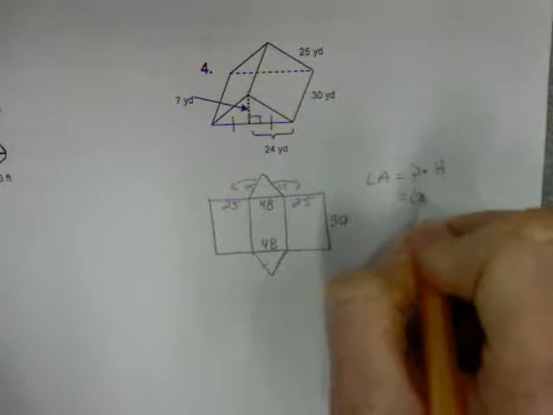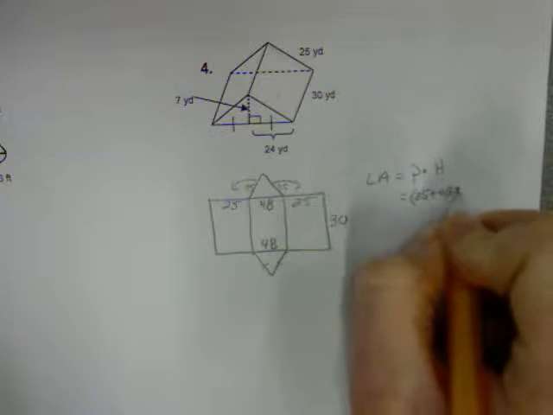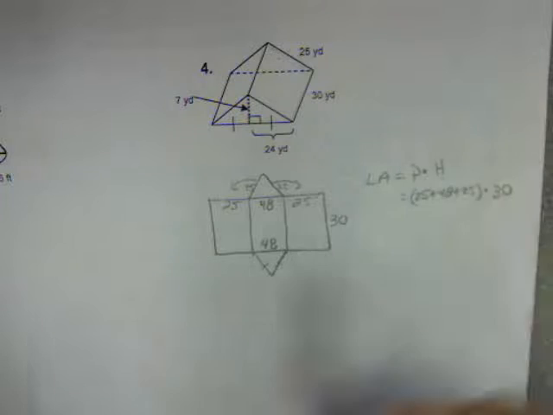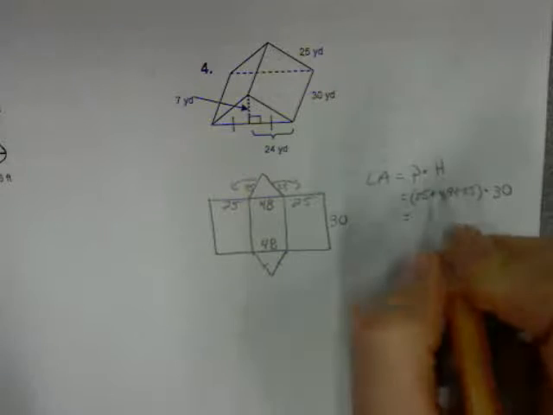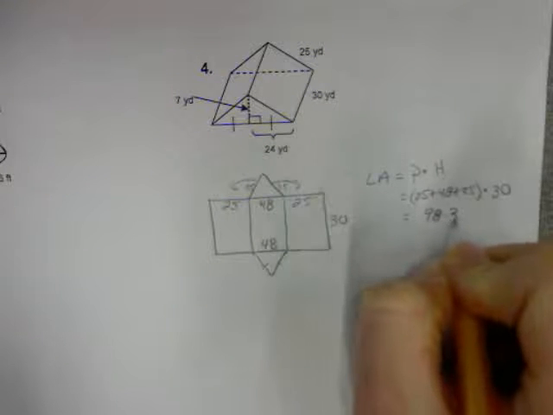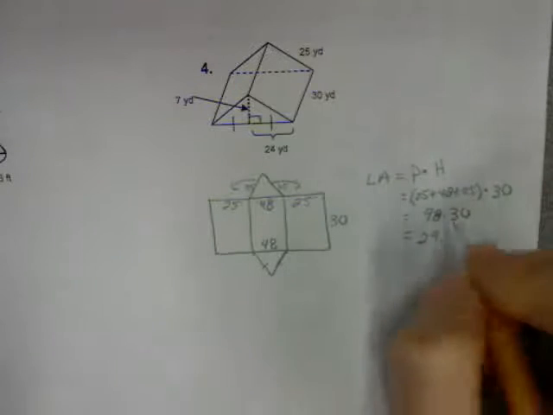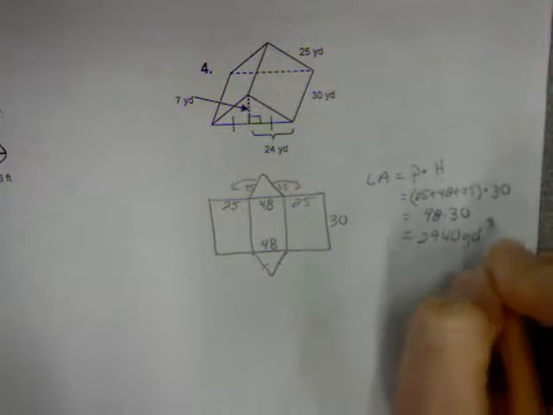So we can do 25 plus 48 plus 25 times the height, which is 30. This calculation will give us 98 times 30, which is 2,940 yards squared.